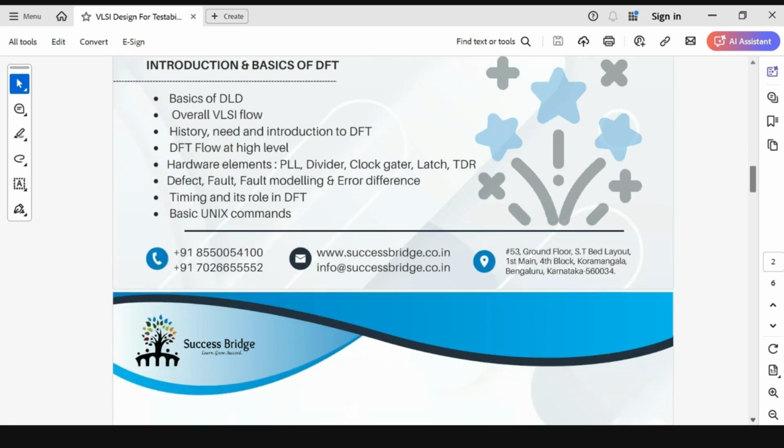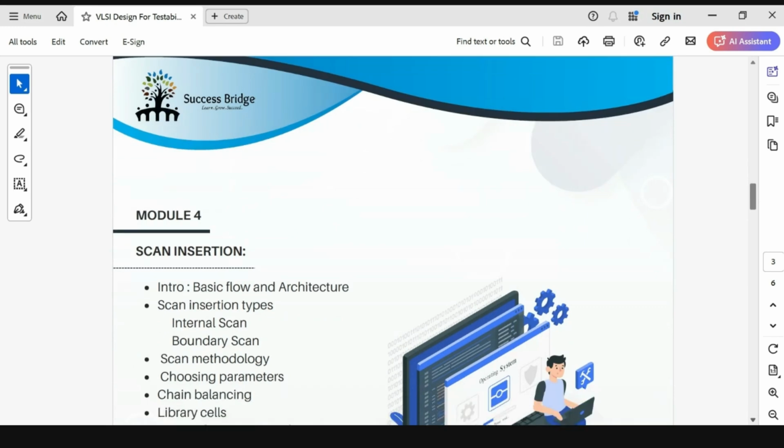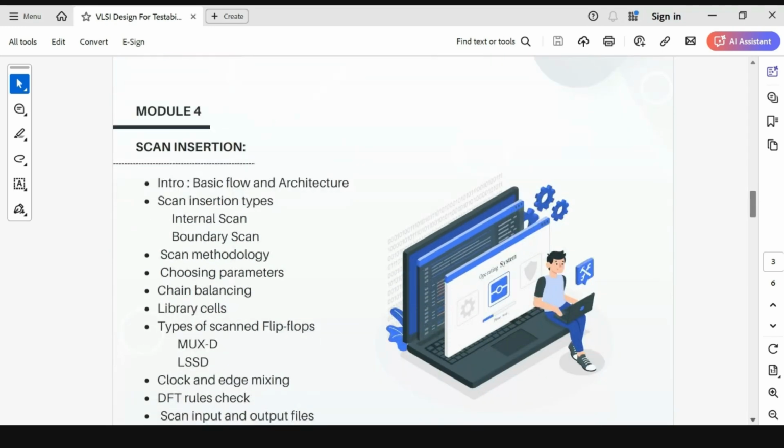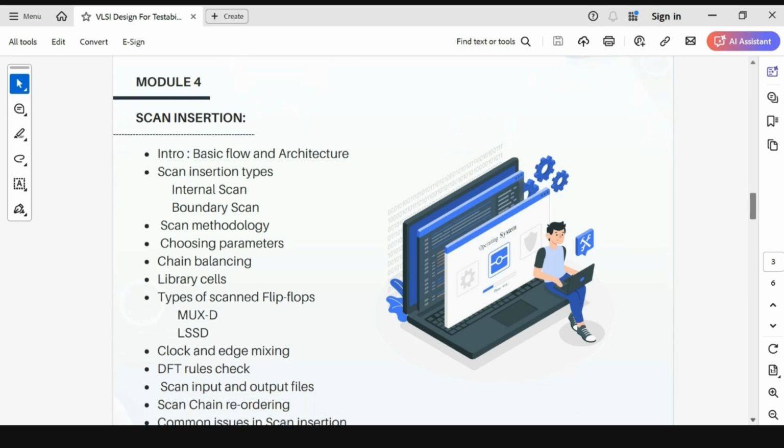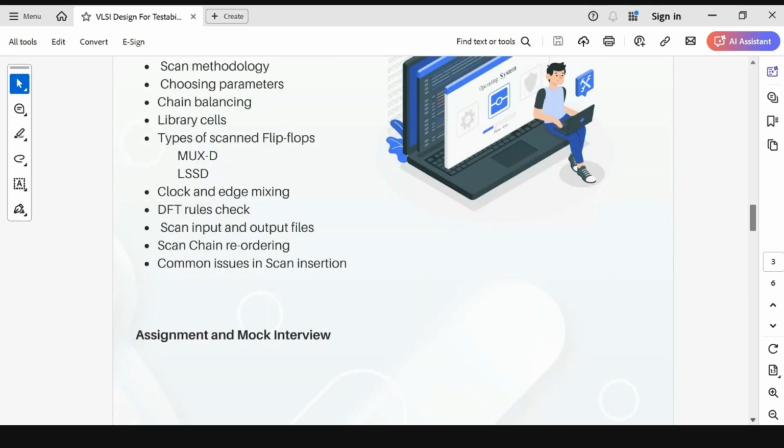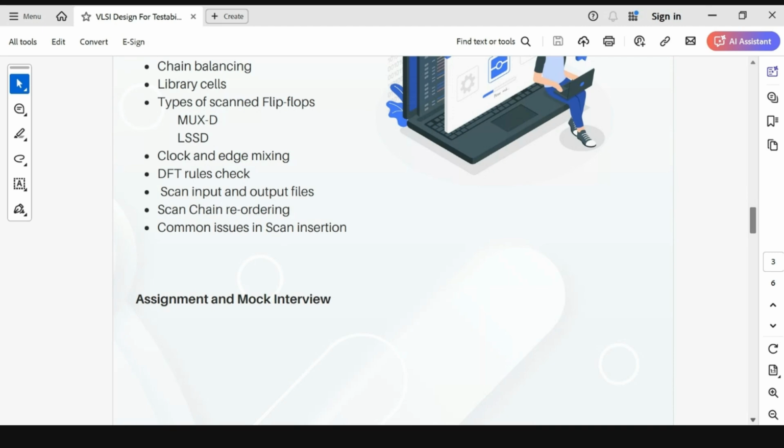These are about the introduction of DFT. Then module 4 would be scan insertion. It is one of the important contents of DFT, which includes scan insertion, scan insertion types, internal scan, boundary scan, scan methodology, chain balancing, scan input, DFT rules check.